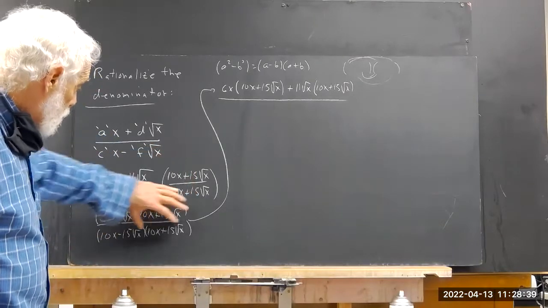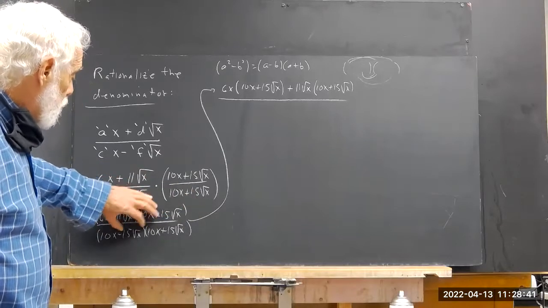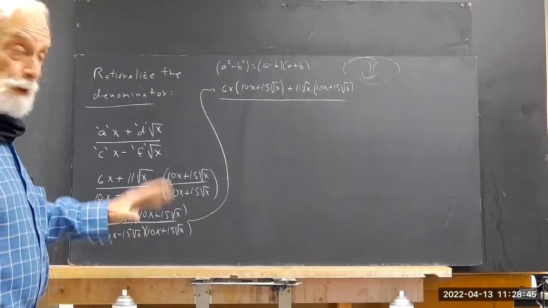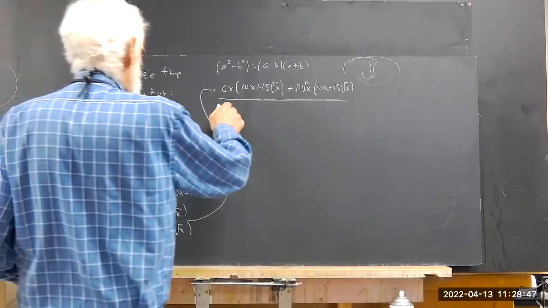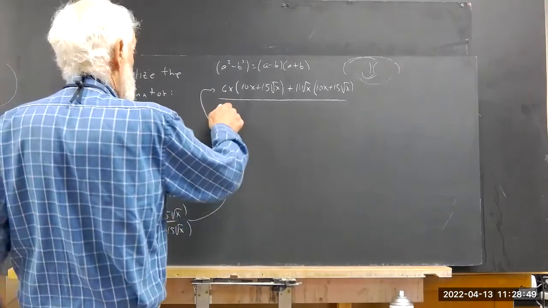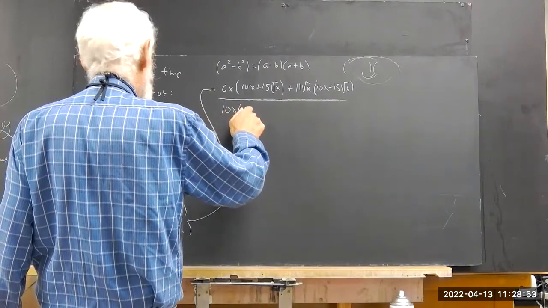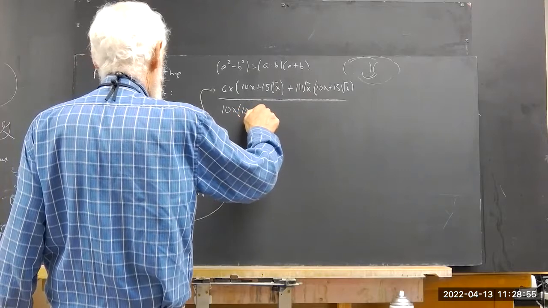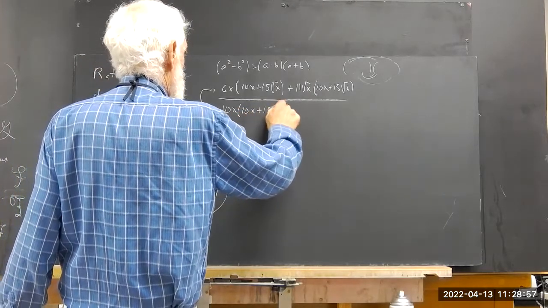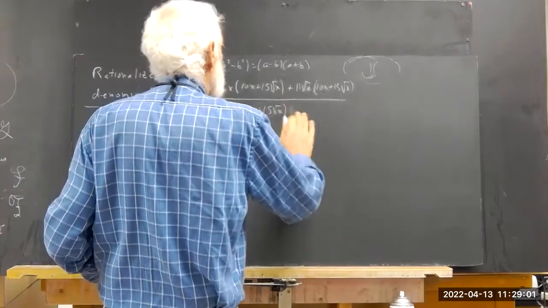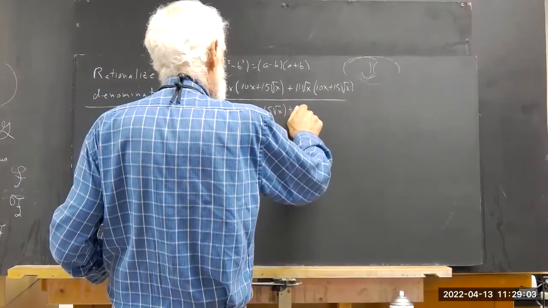And in the denominator, it's 10x times all this minus 15 square root of x times all this. If you've done some of these, you know how this is going to work out. But make sure, because not everybody is seeing all of it. You really want to be sure that you see the distributive law, and reinforce to yourself what the distributive law says.